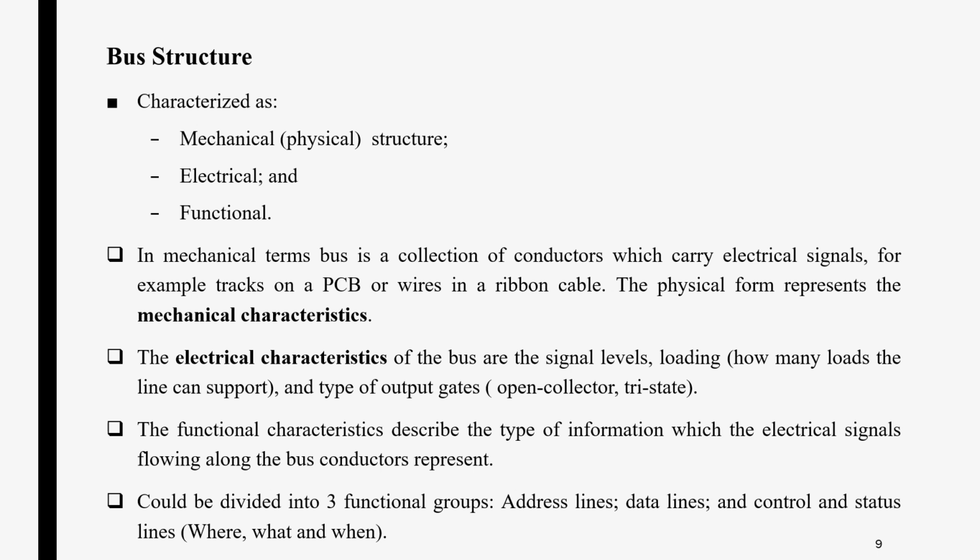The functional characteristic describes the type of information which the electrical signals carry along the bus conductors, and that can be divided into three functional groups: address lines, data lines, and control and status lines. That is, where to send, what to send, and when to send. So this is all about the structures of the general purpose computer.